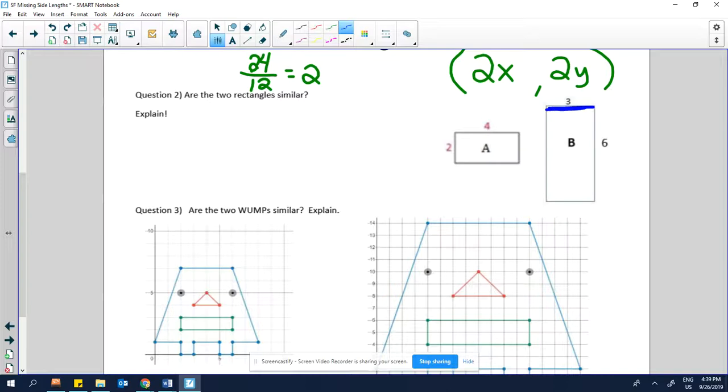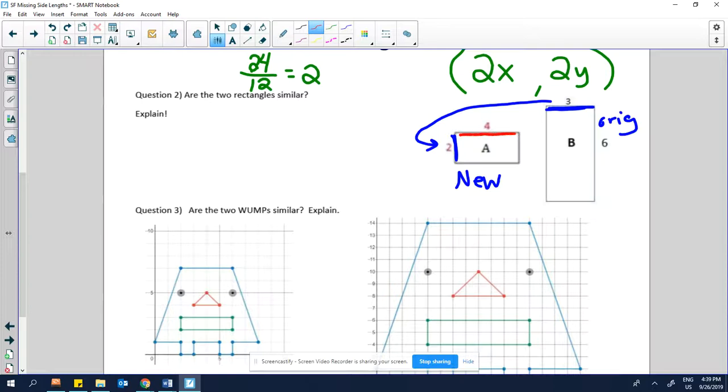Which side length do you think corresponds with the smaller side length 3 in rectangle A? Oh, hopefully you notice that they turned A. It corresponds with 2. This is going to be our new this time, and this is going to be our original. And I'm specifically going from the larger one to the smaller one to practice.